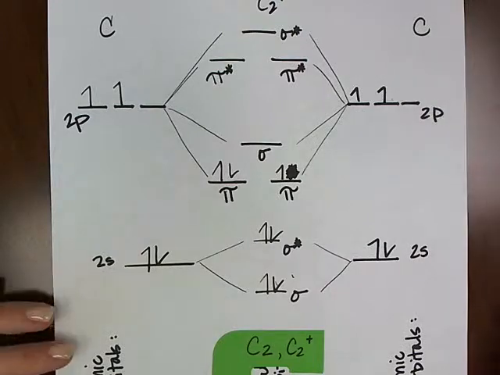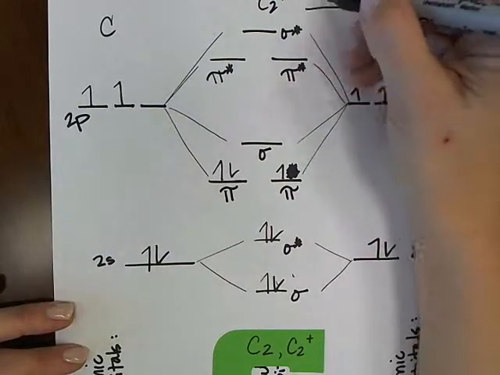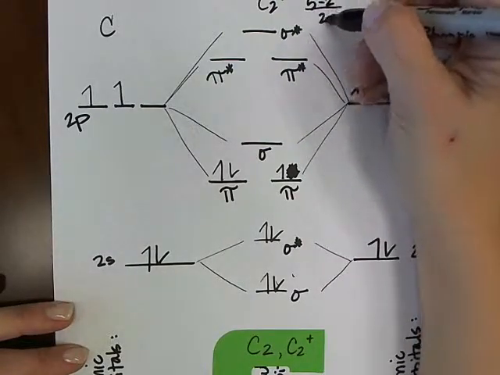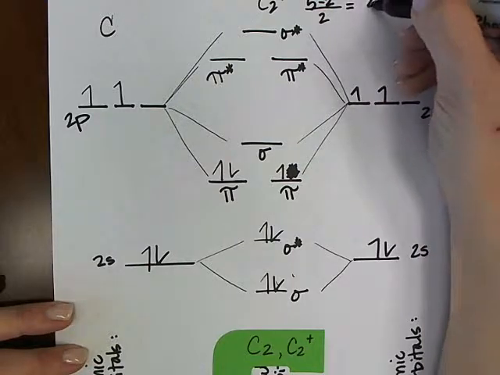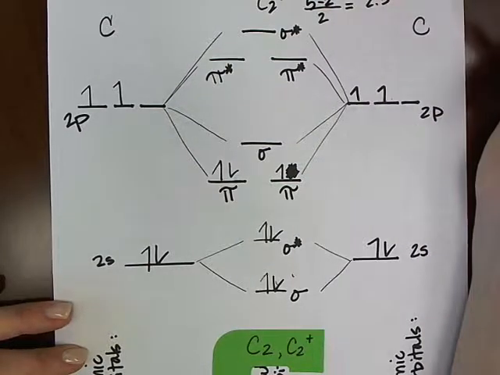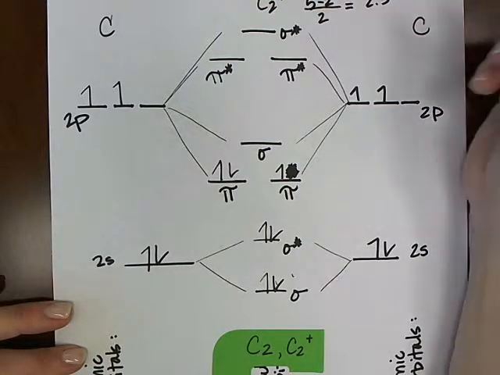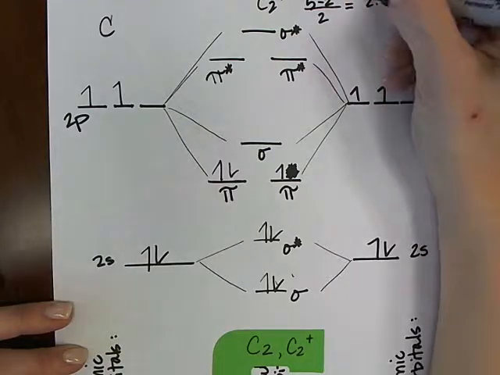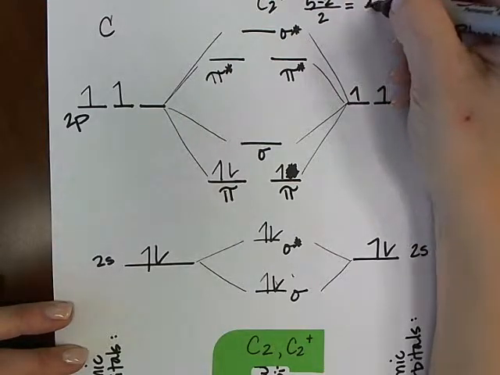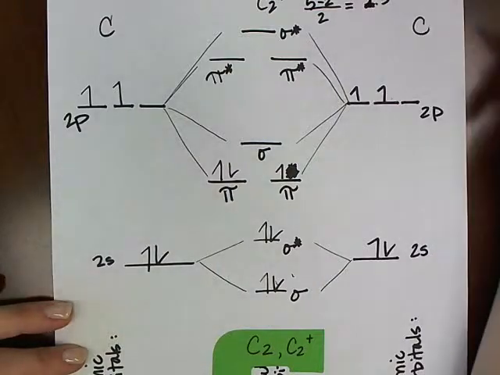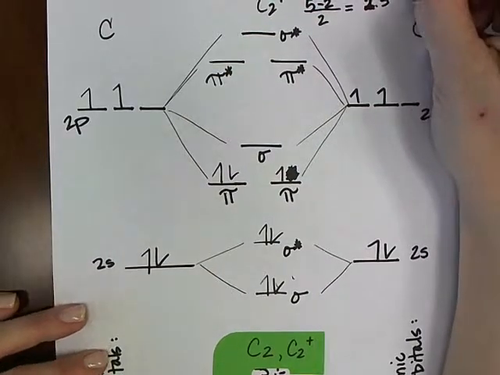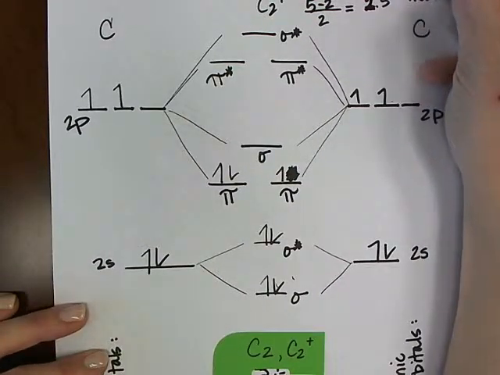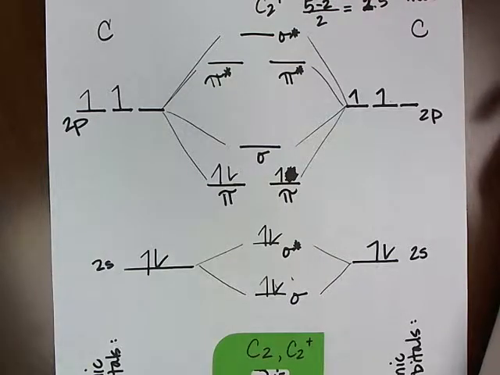And basically it's only different by the fact that it has 5 bonding electrons instead of 6. So the bond order is 3 divided by 2 is 1.5, which means it's a weaker bond and would therefore be less stable.